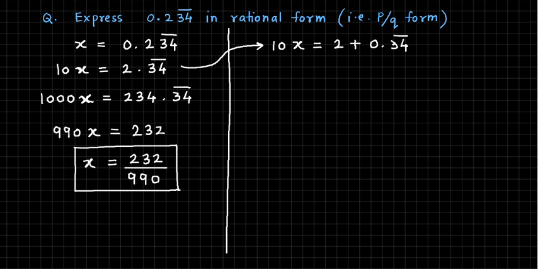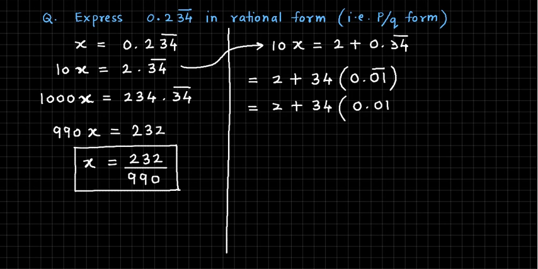So that means it is equal to 2 plus, if we take 34 common, then what remains in the bracket is 0.01 recurring. So here we have 2 plus 34 times 0.01 plus 0.0001 plus 0.000001 and so on.